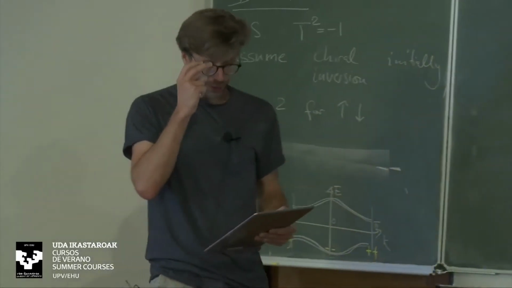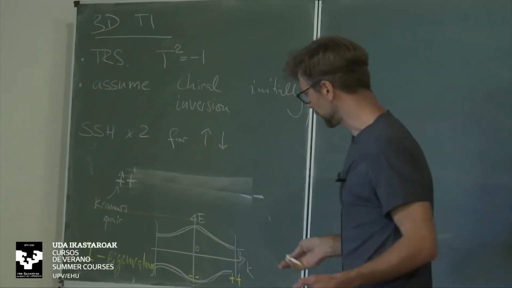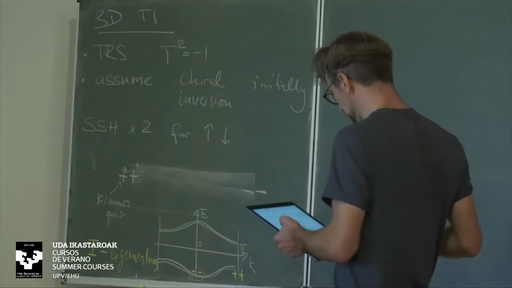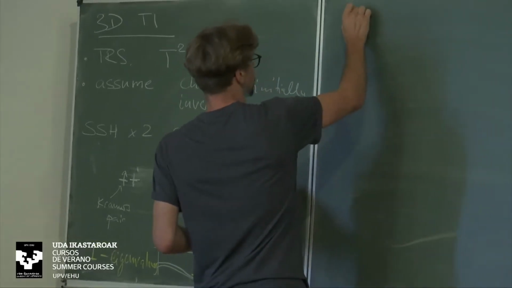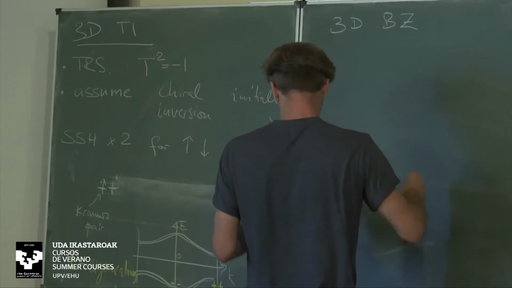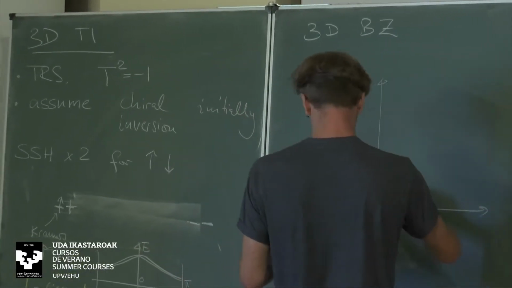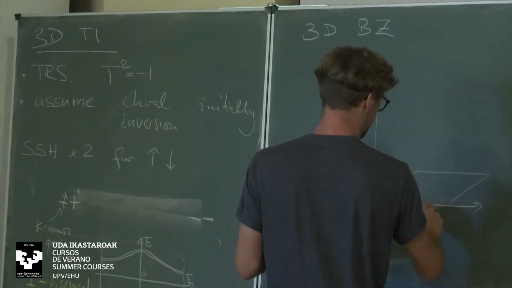Okay, and now I want to construct a 3D system out of that, and I'm not going to use equations, I'm just going to use your imagination. So let's consider a 3D Brillouin zone, and I'm just going to say what the Hamiltonian is supposed to be in some places in this Brillouin zone.